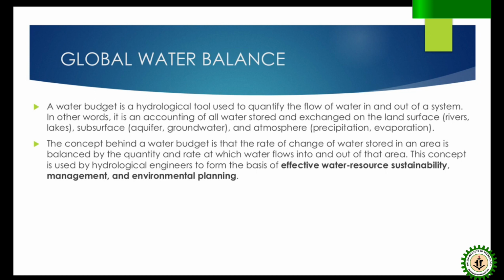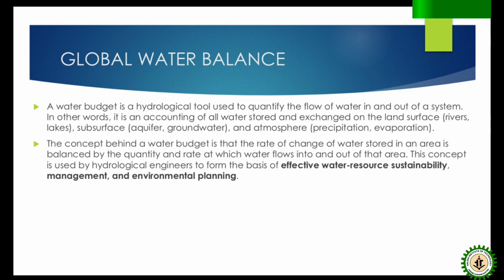Now coming to global water balance. What is water balance or water budget? Budget is nothing but how much you are getting and how much is going out. At your houses also you have this budget: what is your income and what is your expenditure, how much you are getting and how much you are spending. This is what we'll be seeing. What we are getting, that means inflow, that means your precipitation, your rainfall.